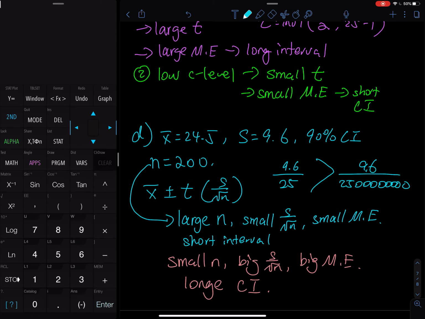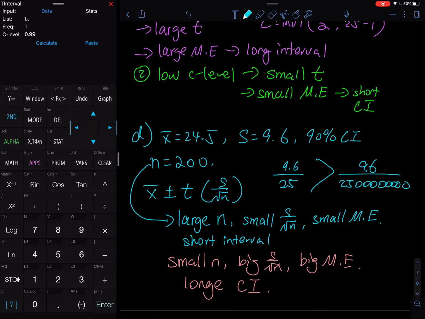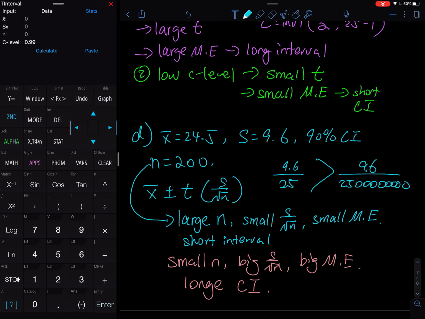So we go to stat test, and then we do a T interval. This one we are taking the stats option. X bar is 24.5. For some reason it asked me to access this twice in order to make that work. 24.5 and then 9.6, and then the N is 200, and the confidence level is 90%.